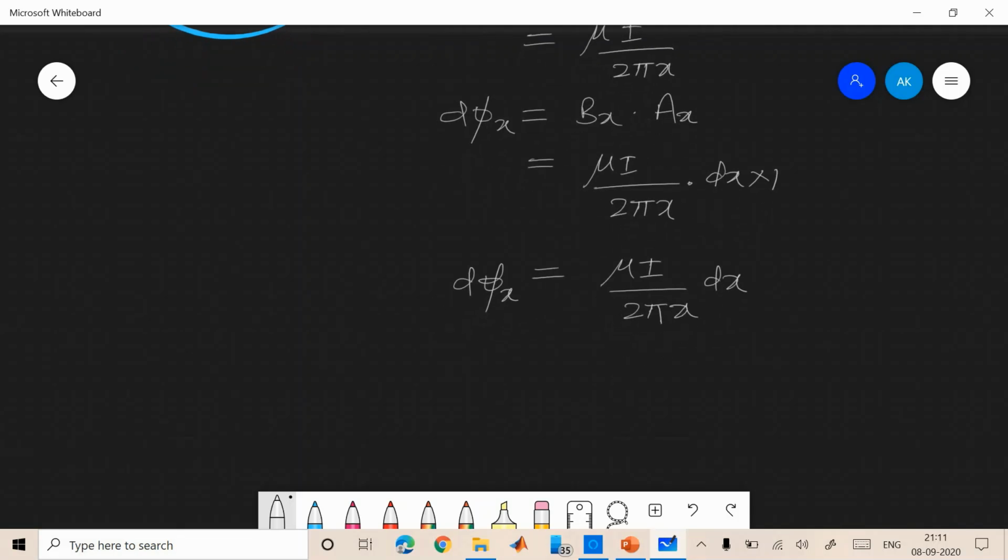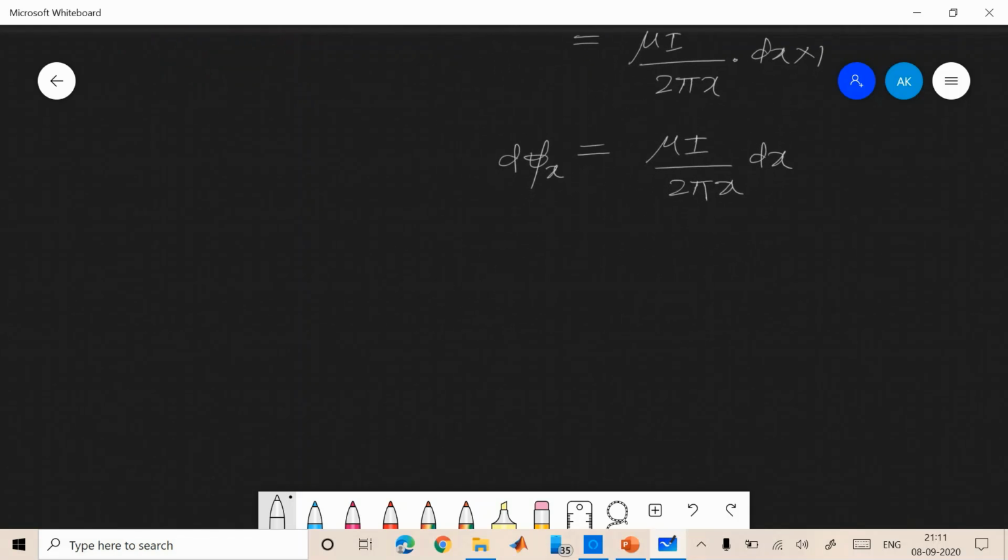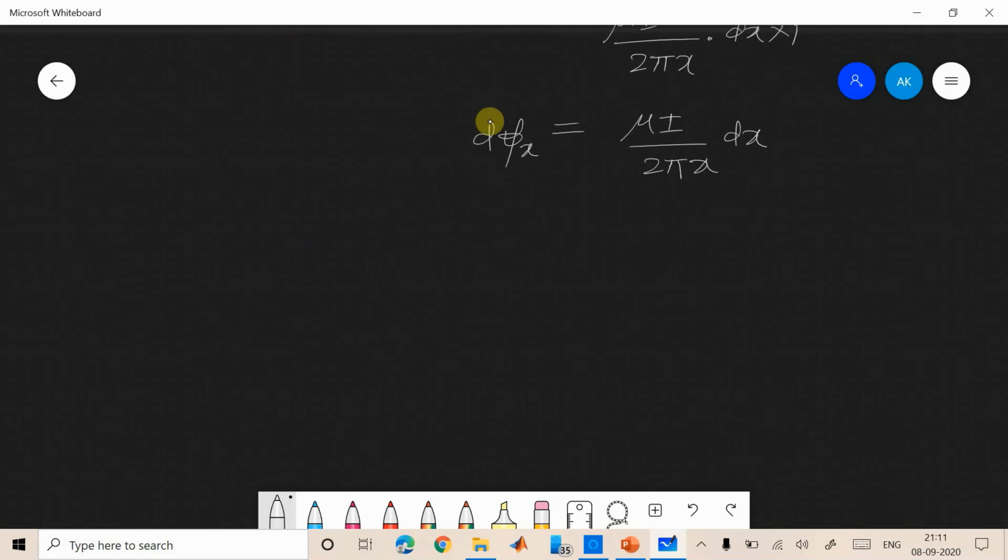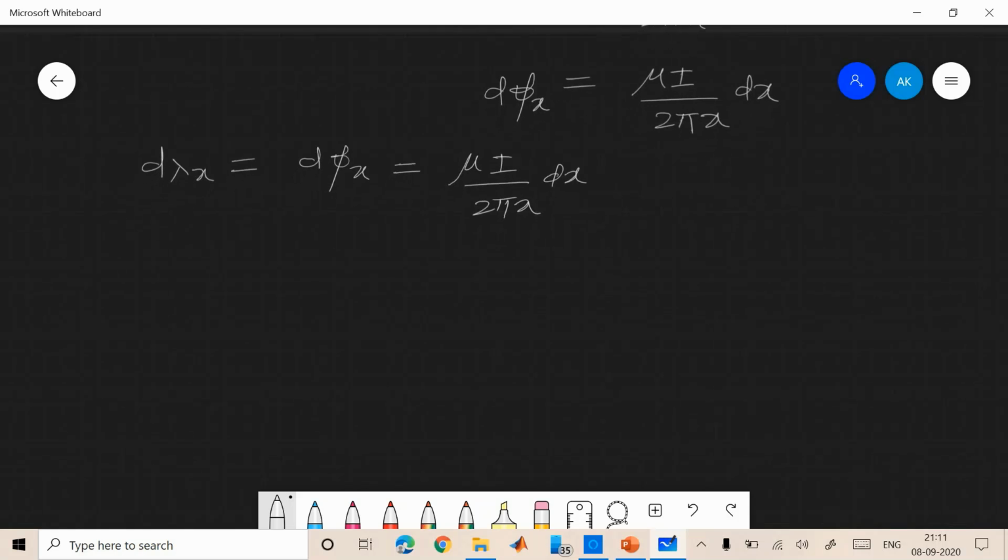Okay. Now we will write d lambda x. What is the flux linkage? What will be the flux linkage in that strip dx cross 1? Here d lambda x will be equal to same as d phi x because of the total current I. So you can write as mu I over 2 pi x dx. Okay.